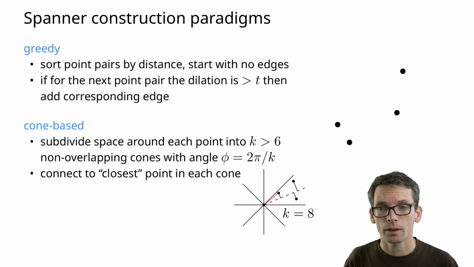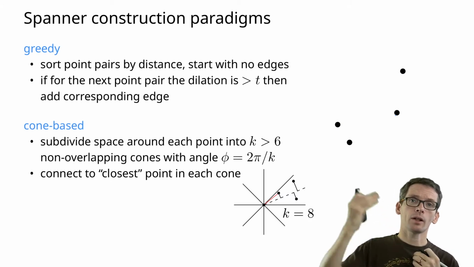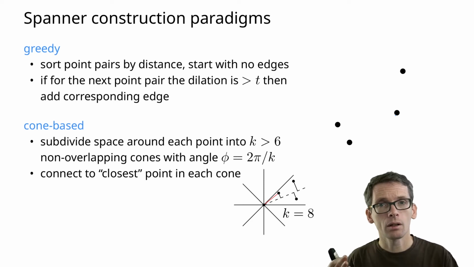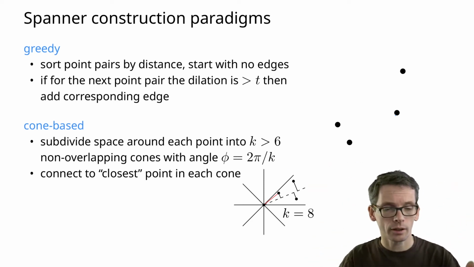Next class of spanners are cone-based spanners. So here the idea is that if I want to go from A to B, and there's at least some edge that goes more or less in that direction, then I can follow that edge, and from there again find an edge more or less in that direction.